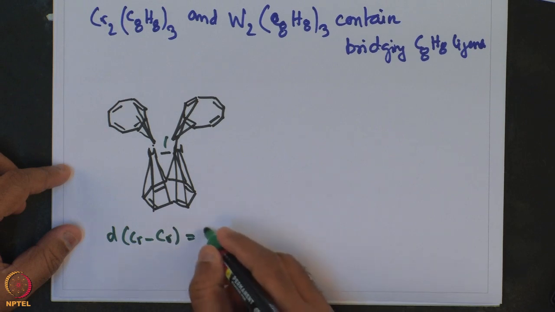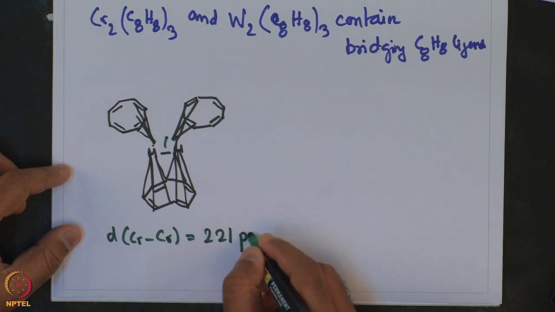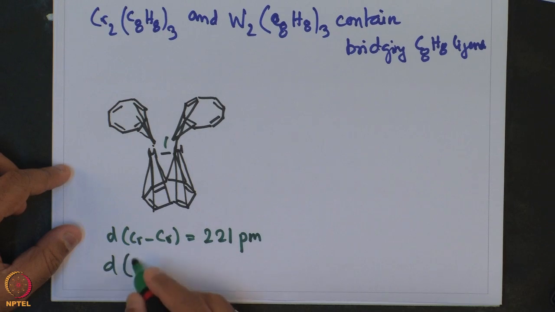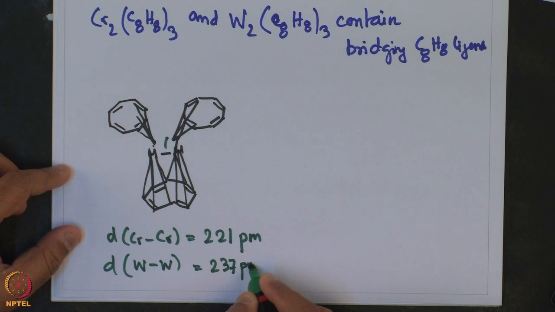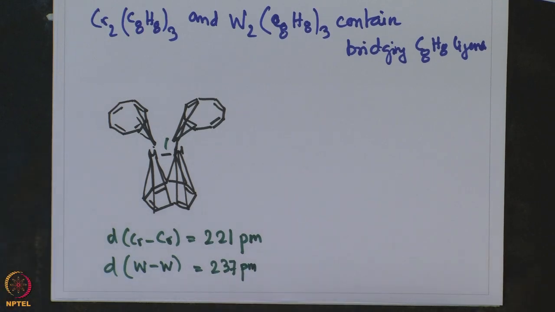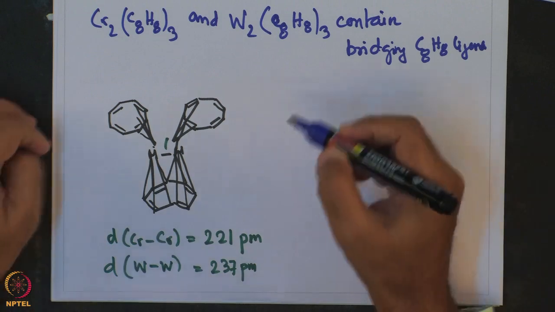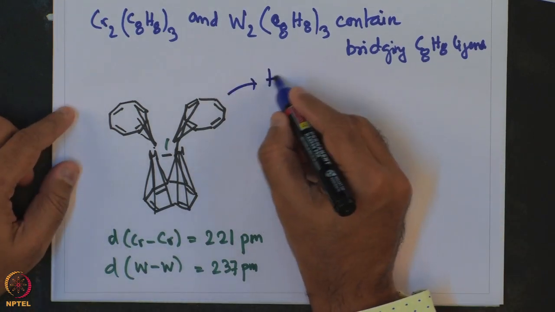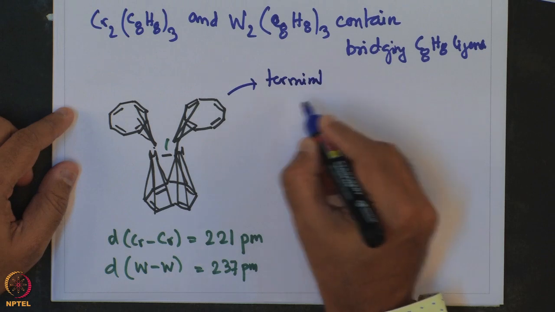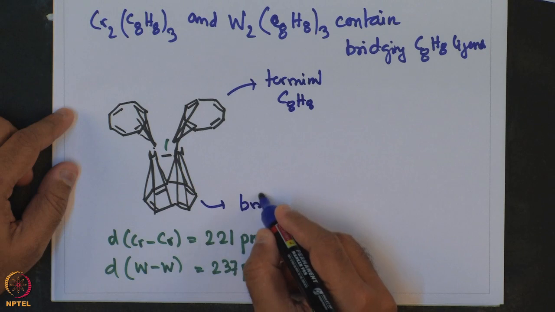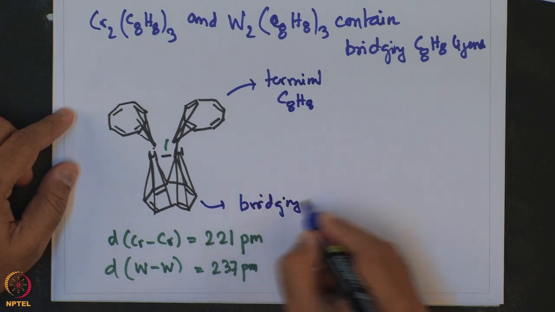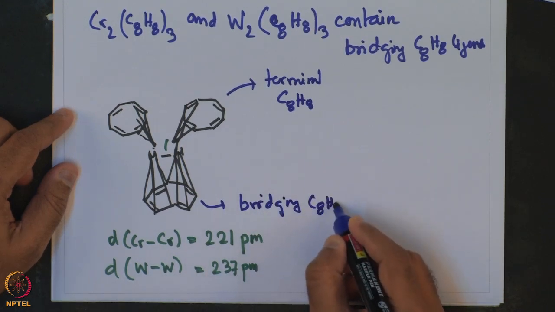which is a chromium-chromium bond, and that d(Cr-Cr) is 221 picometer, and d(W-W) is 237 picometer. So, here what we see is that there are two kinds of ligands. This is terminal C8H8, and this one is bridging C8H8.